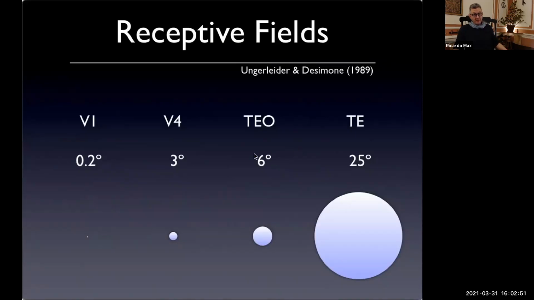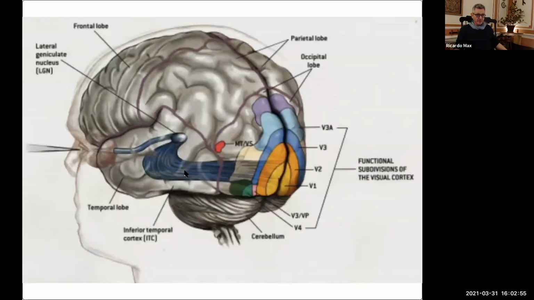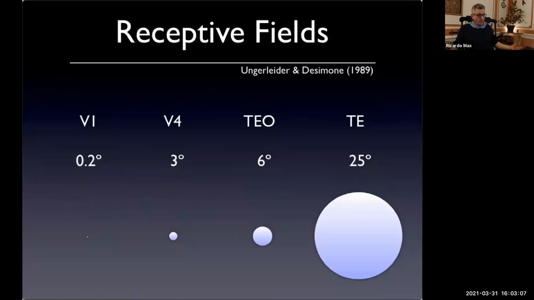But in the temporal lobe, in the end of the stream, where objects and semantic meaning begin to be attached to visual stimuli, one neuron reacts to a receptive field of 25 degrees, something like 3 feet, arm's length.